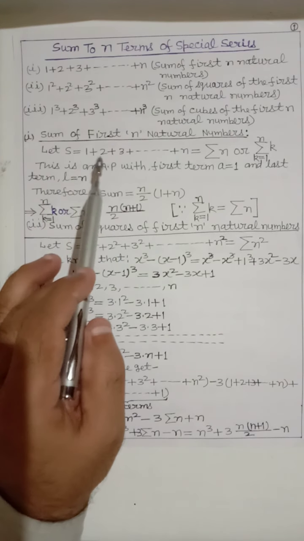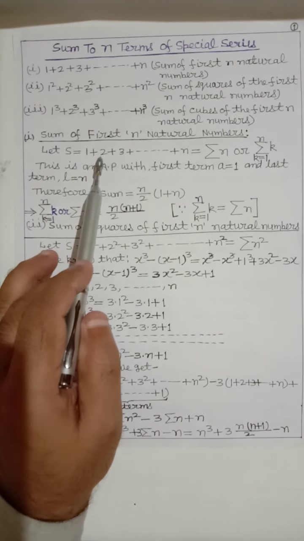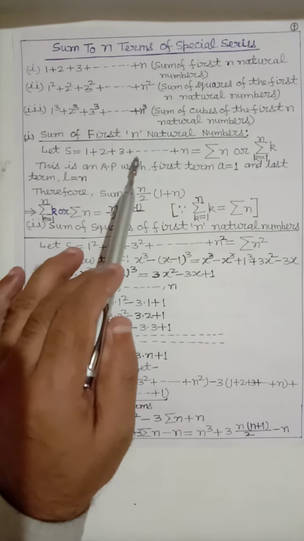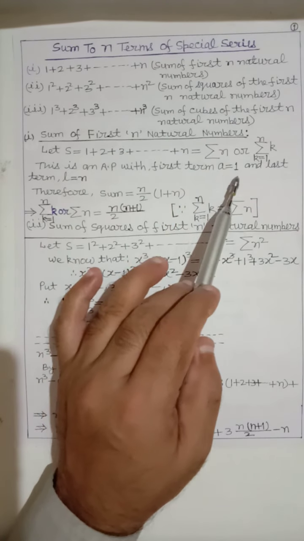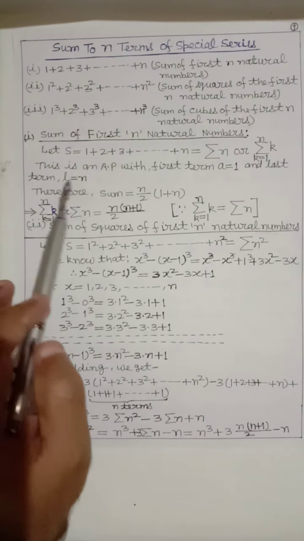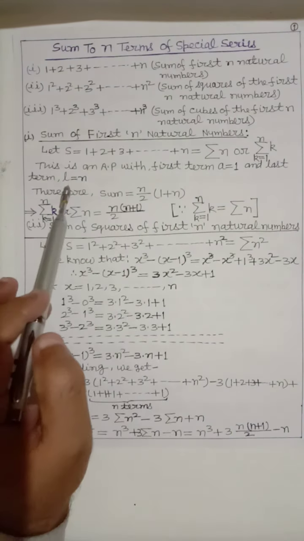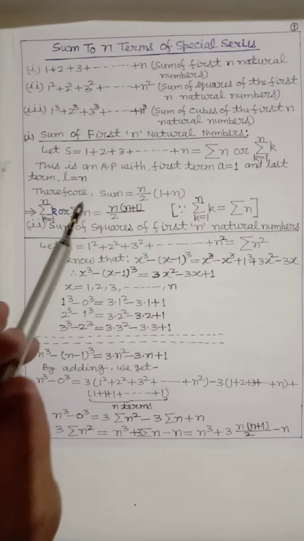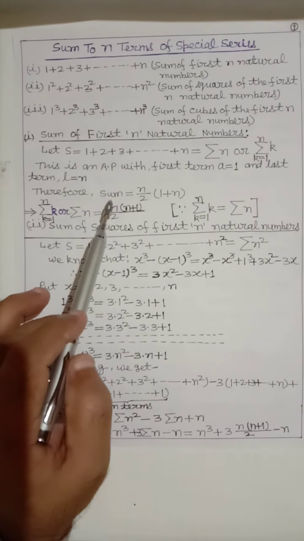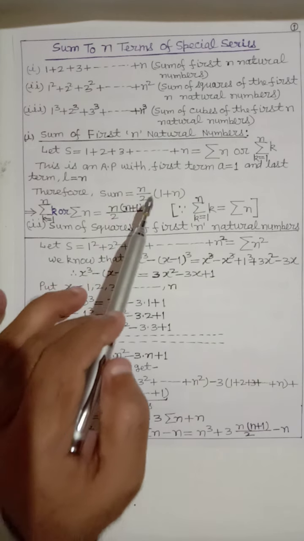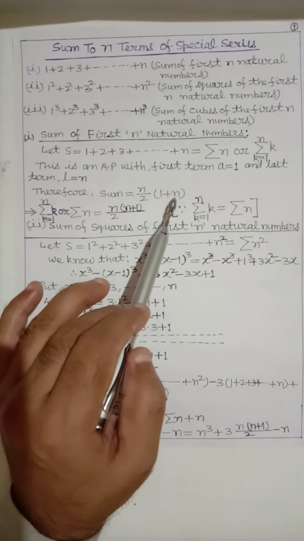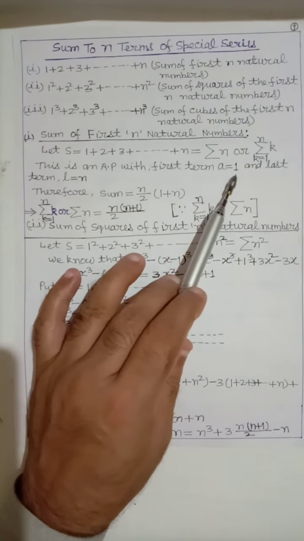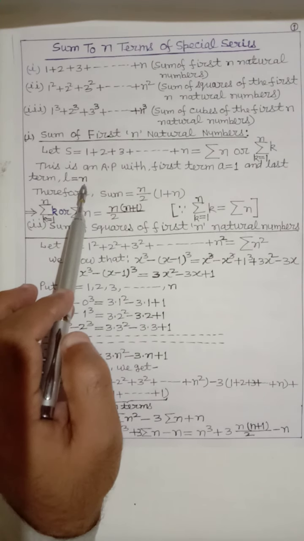Dear students, this series 1 plus 2 plus 3 plus and so on plus n is an AP in which first term a is equal to 1 and the last term, which is denoted by L, is equal to n. Therefore, sum equal to n by 2 into a plus L. Here a is given 1 and L is equal to n.